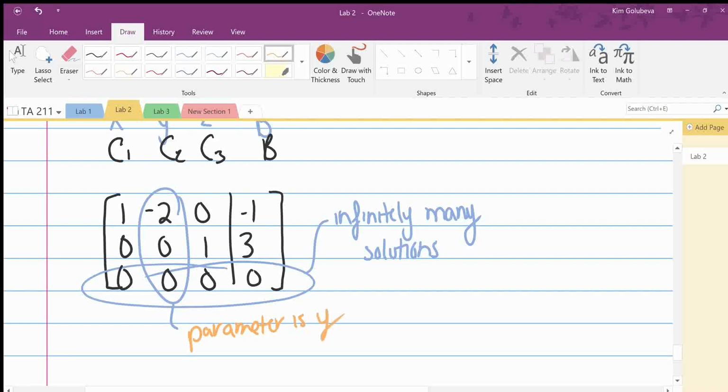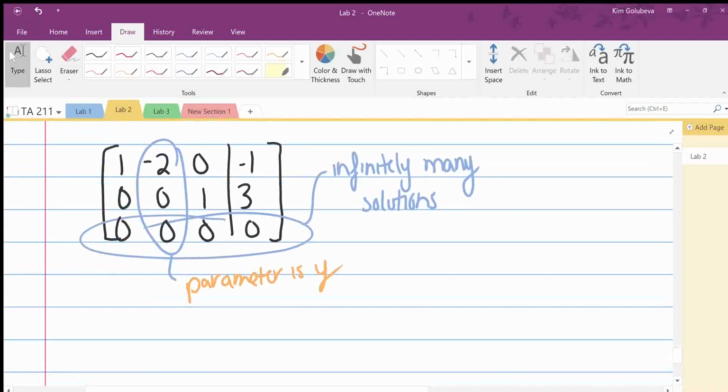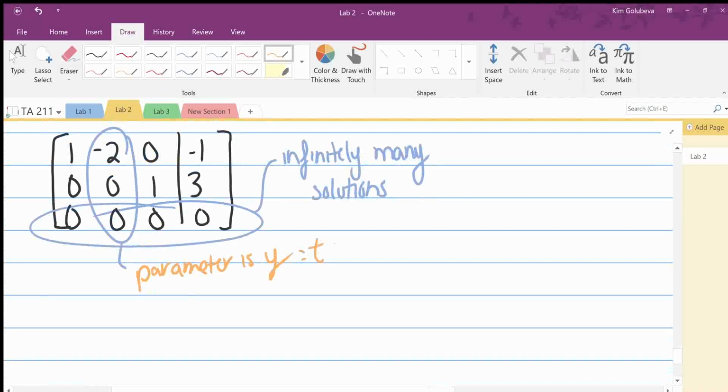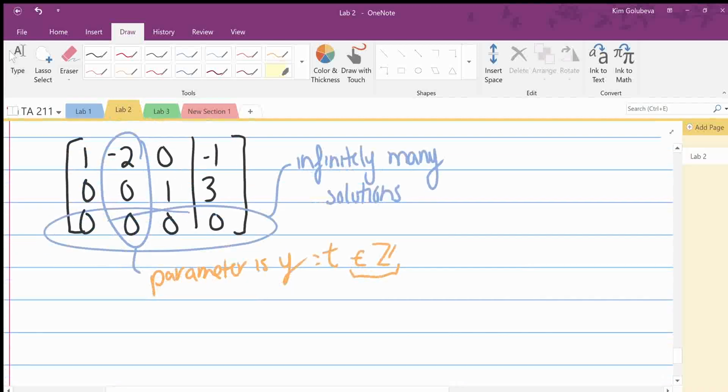So we're going to let y equal t, and t just means it's any integer. Okay, so it can be anything. So we're going to say t is an element of Z. Remember, this just means that t is an integer. Okay, that's all it's saying.